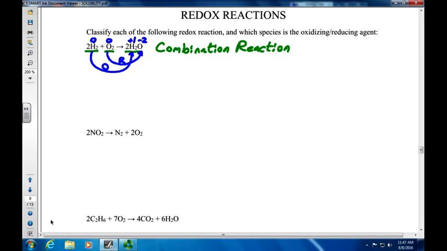So if something is being reduced, it is in effect oxidizing its counterpart. And if something is being oxidized, it is in effect reducing its counterpart. So even though oxygen is being reduced, it is also acting as the oxidizing agent.